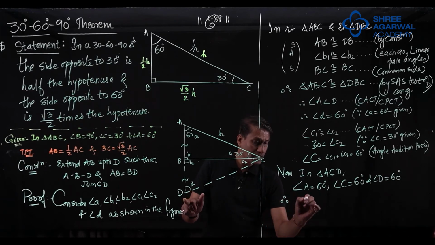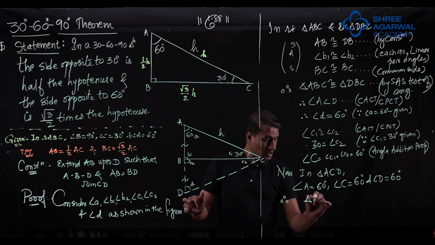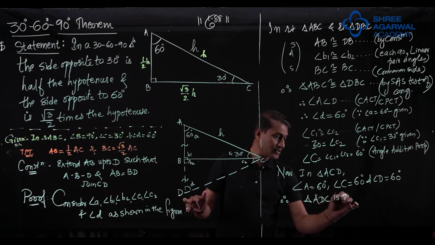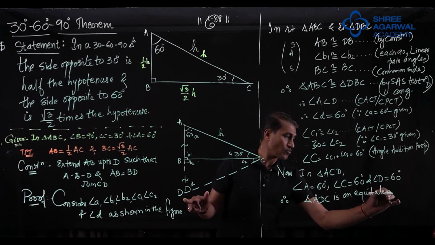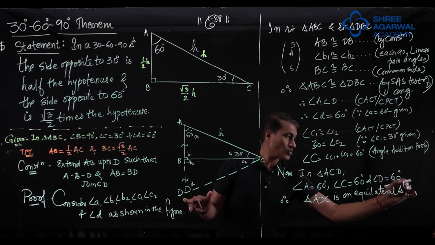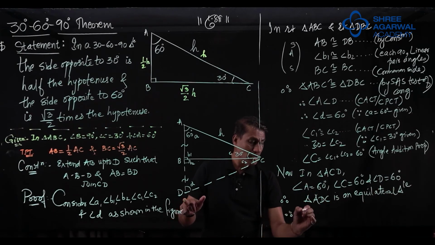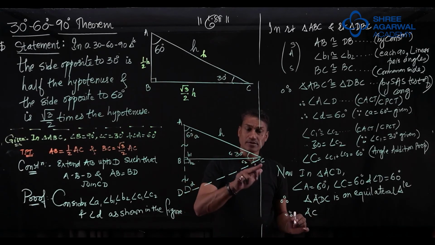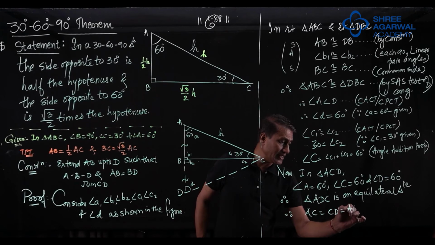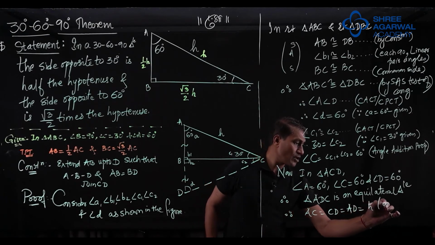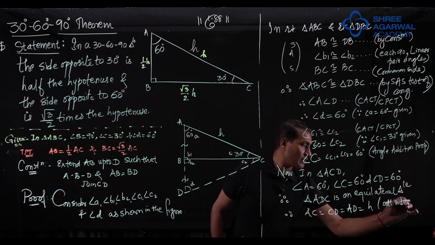Therefore, triangle ADC is an equilateral triangle. Therefore, AC is equal to CD is equal to AD is equal to H, all sides equal.